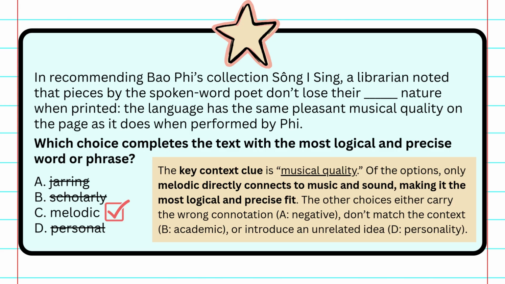The other choices either carry the wrong connotation, like A, "jarring" is negative, don't match the context, like B, nothing in the selection mentions scholarly or academic, or introduce an unrelated idea, like D. The poet's personality is a brand new idea and nothing personal about him is mentioned in the text. After ruling these out, we can confidently choose "melodic."